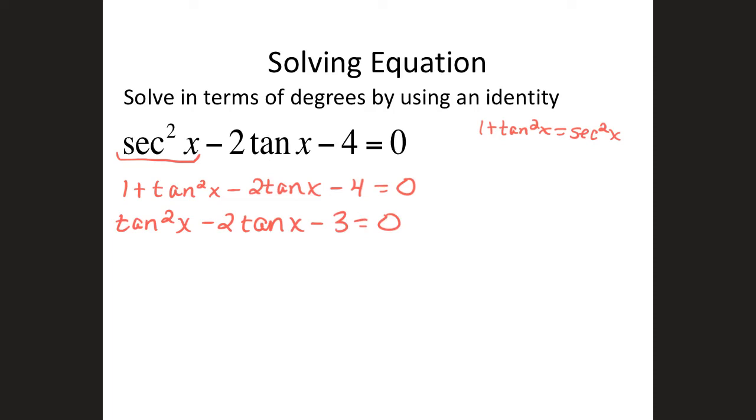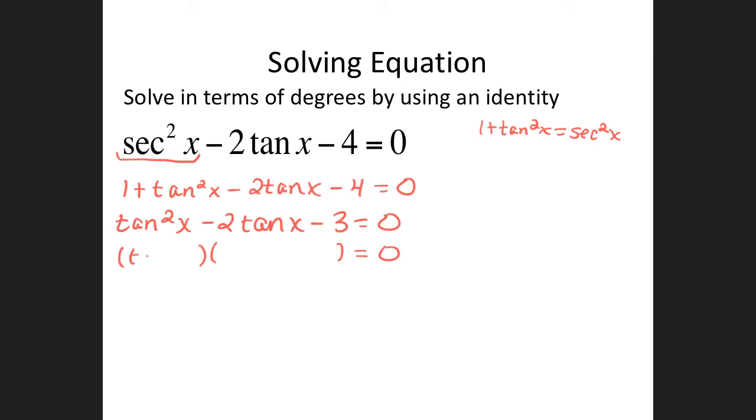And now I have tangent squared of x minus 2 times tangent of x minus 3. I have this squared trinomial, so this is kind of like a quadratic trinomial, so I can factor this. I'm going to try to factor this into two binomials.